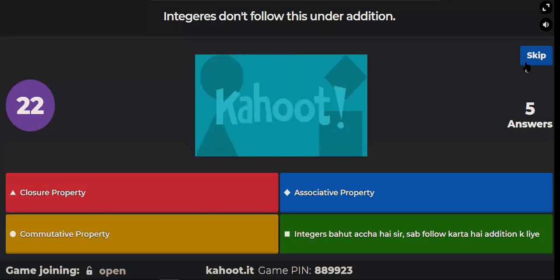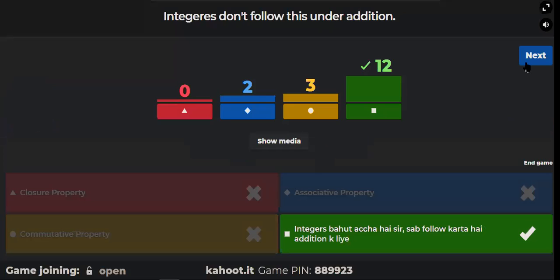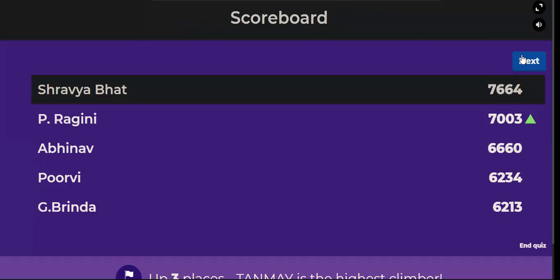Integers बहुत अच्छा है सर, सब फॉलो करता है. बताओ. वेरी गुड. इंटीजर्स बहुत अच्छा है. ठीक है, तुम भी इंटीजर्स बनो, सब कुछ फॉलो करता है. राइट, तुम लोग भी सब कुछ फॉलो करो. मम्मी की बात सुनो, टीचर्स की बात सुनो. वेरी गुड. Ragini, second position. Abhinav is losing his position.